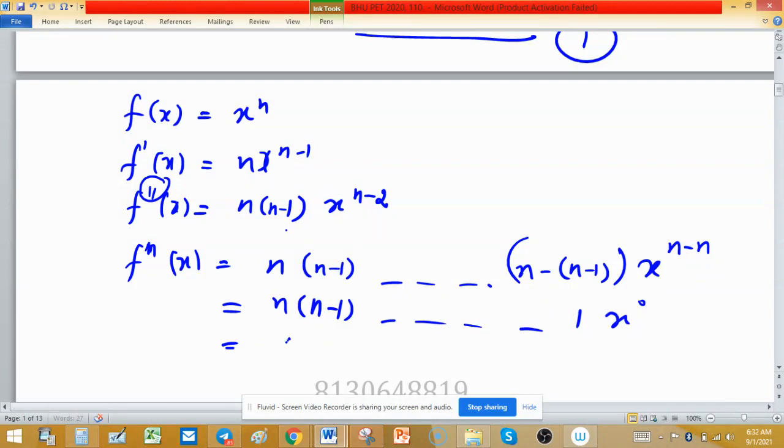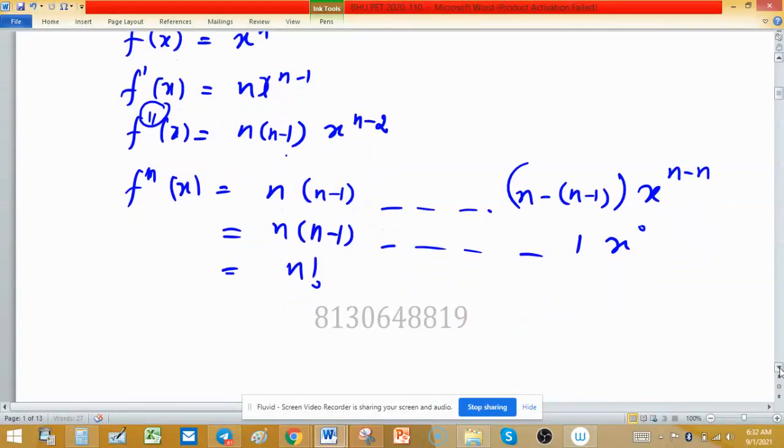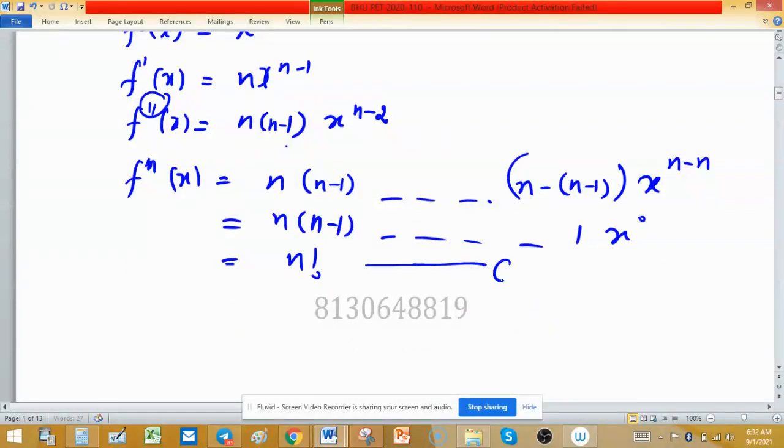So indirectly I can say n(n-1) up to 1 is n factorial, meaning the nth derivative of the function is a constant, because n factorial is a constant number. So the nth derivative of the function is a constant function.